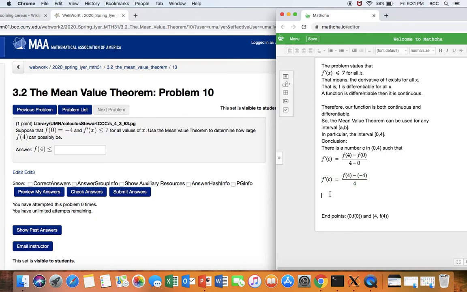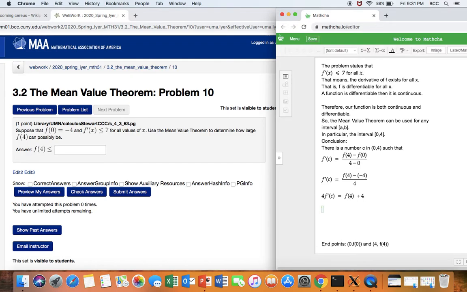Let me clear this 4 by multiplying it to the other side. 4 times f prime at c equals f4 plus 4. Continuing, I will subtract the 4.